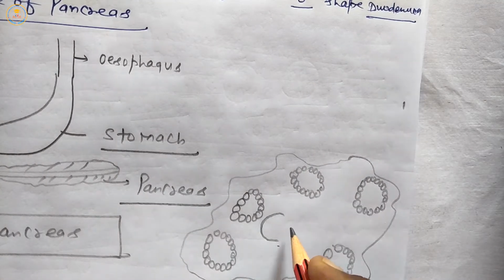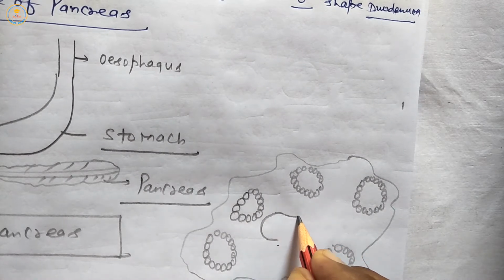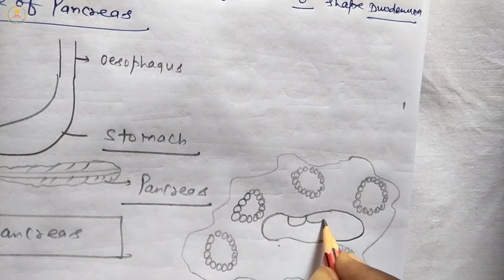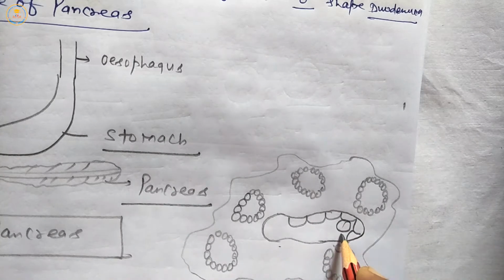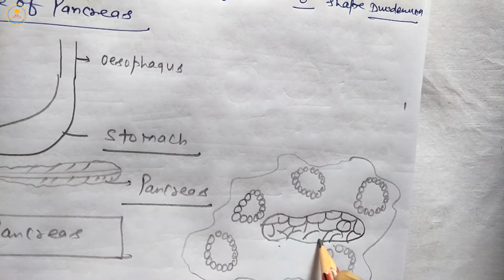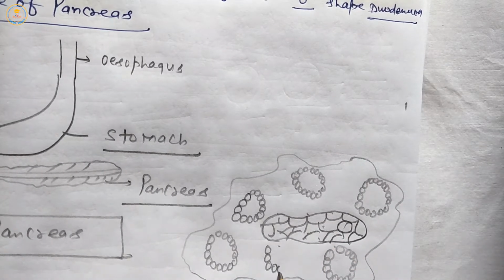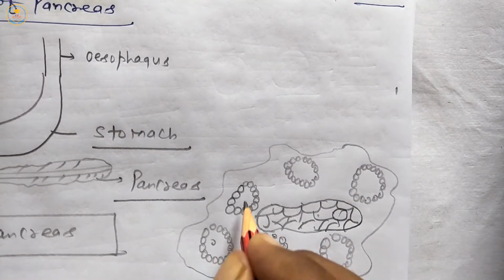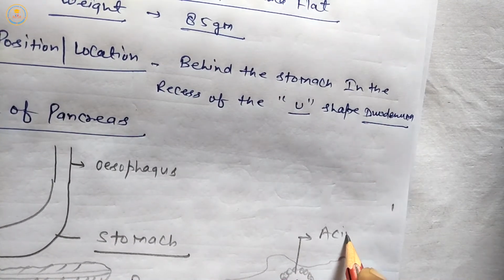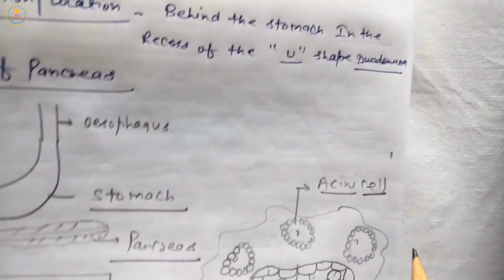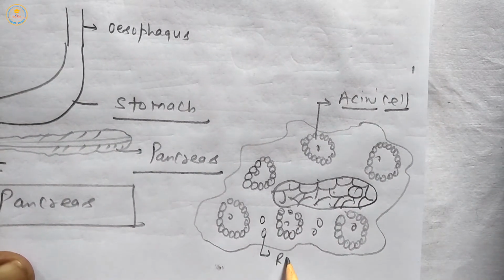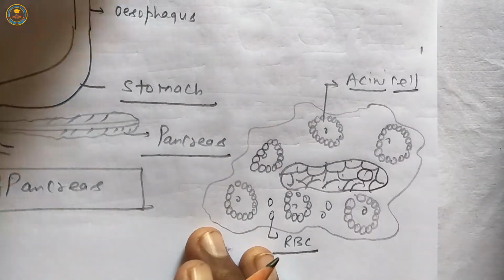And this part is the endocrine part. It is called islets of Langerhans. This is acini cell. Acini cells secrete digestive enzymes.